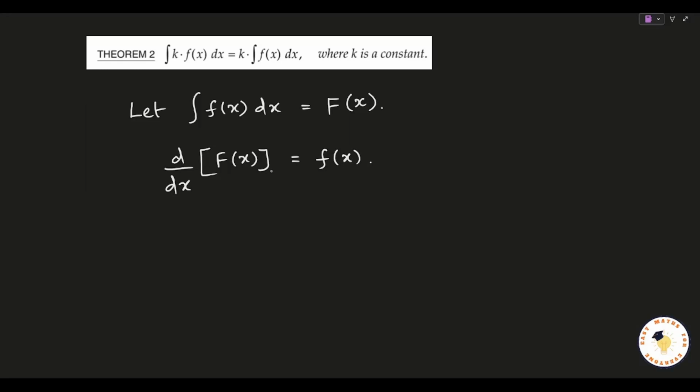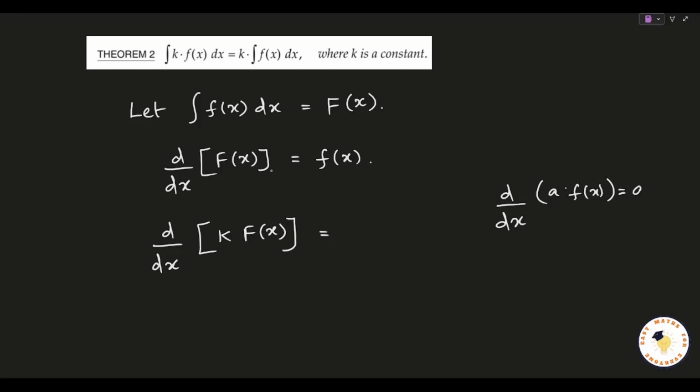Now we want to find d by dx of k times capital F of x. We already know by the rules of differentiation, if you have a times some function of x, then you will be doing a times d by dx of f of x.